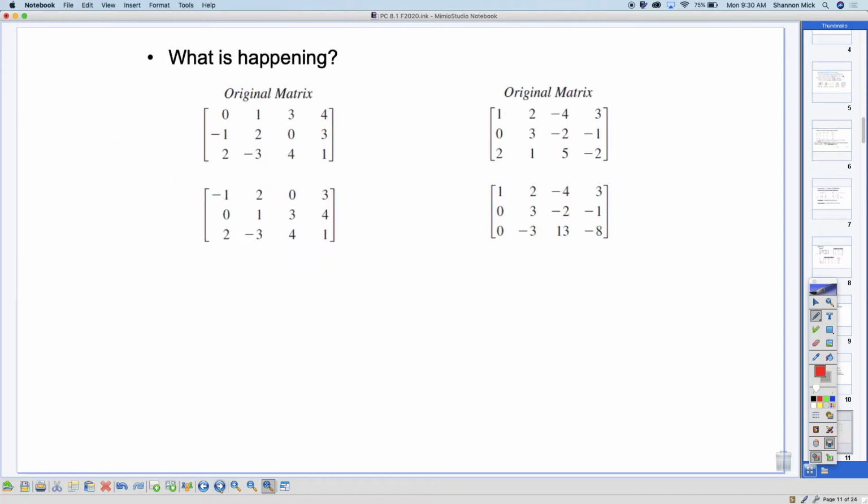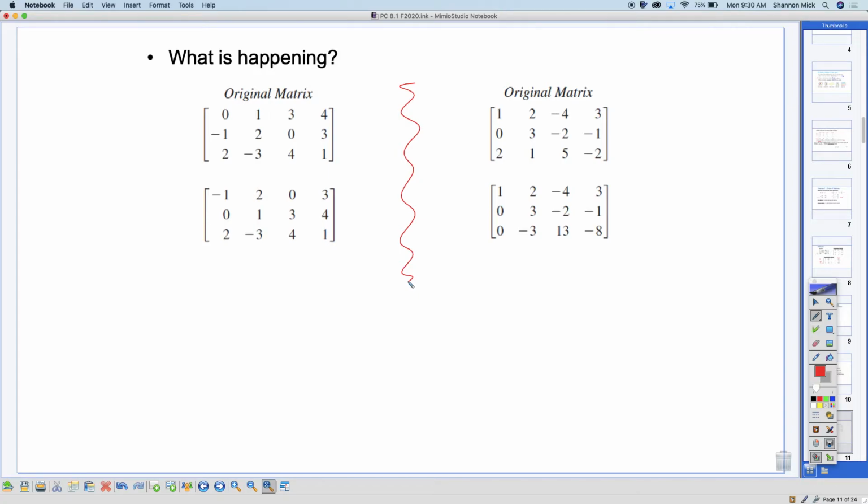Okay. So today we're just going to look at these things and figure out what happened. So we have 2 examples right here. This is the original, what I've started with, and this is what I've gotten. So we need to figure out what happened from the first one to the second one. Can you read those numbers? They interchange 2 rows. Okay, just a second. What did you say, Troy?